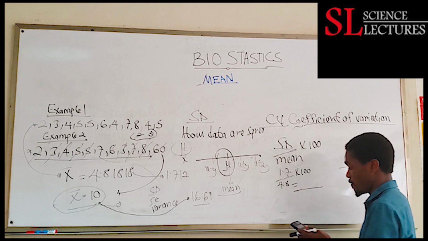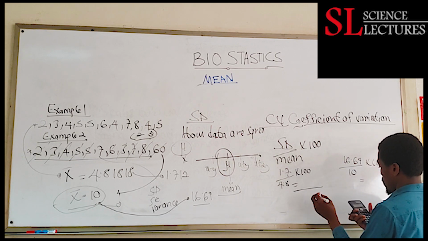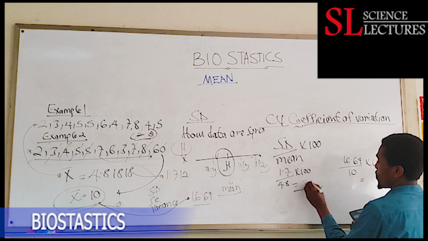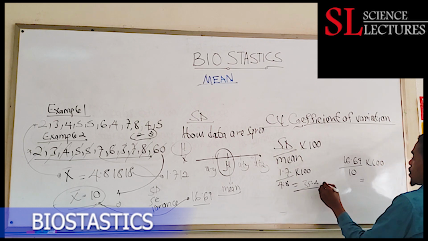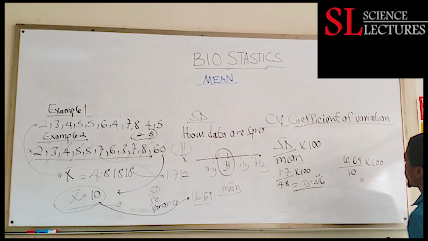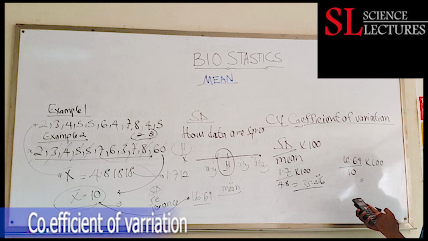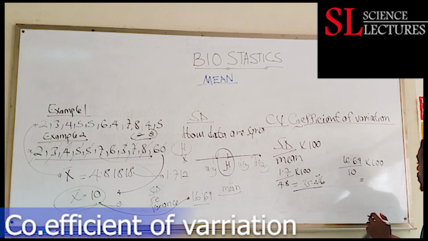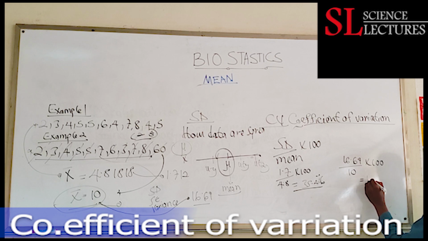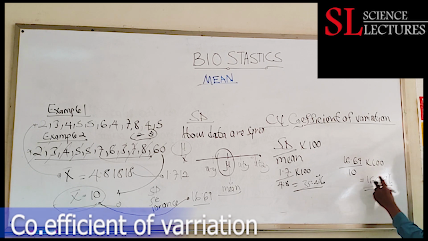I'm getting a CV of about 35.4. This is a percentage. Then we can have also this one calculated, 16.69 divided by 10 times 100. Wow, this is giving me a value which is way higher. That is 166.9%, and this is the value it is giving.